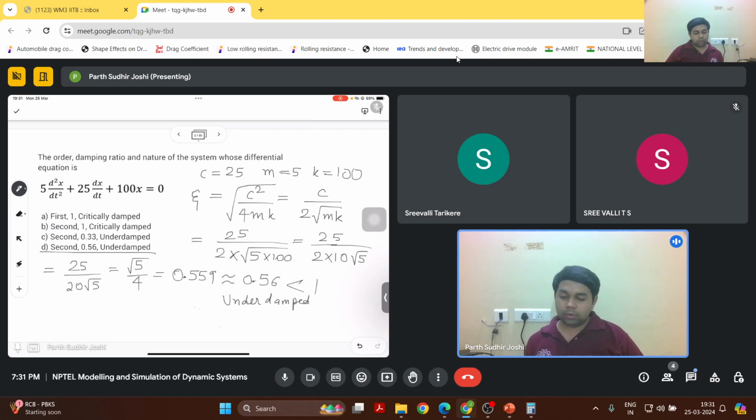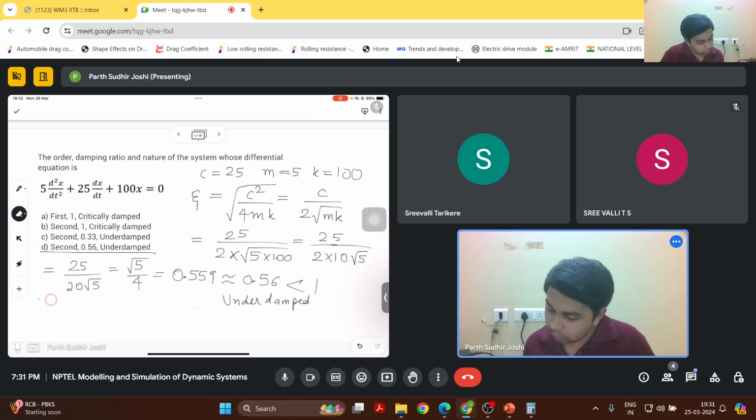So the way you compared the coefficients, we can also do it this way. We can divide the entire differential equation by 5, then we get the differential equation like this, x double dot, and so on.